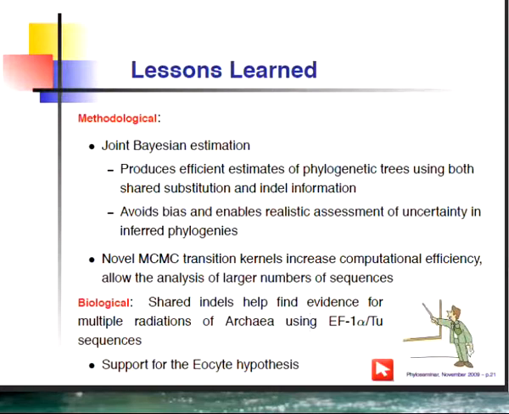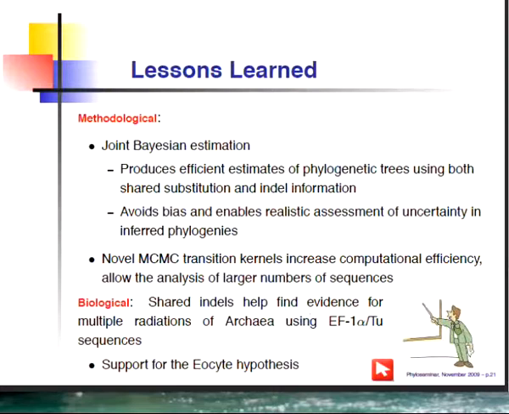In order to make this all work, one had to think rather carefully about how to develop transition kernels over this space. But we're moving to the point where you can start approaching larger and larger problems.